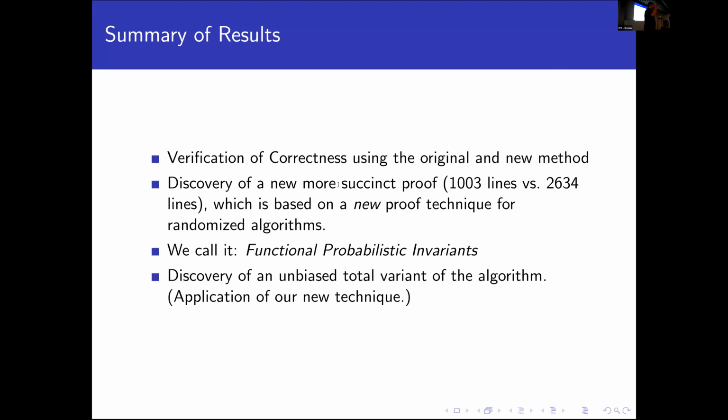Our proof is also more powerful in the sense that we could discover a new version of the algorithm which has better properties. In this case, it's unbiasedness. So the expected result is exactly the count of distinct elements. And our technique is more flexible, and we can verify more different algorithms or variants of the algorithm.